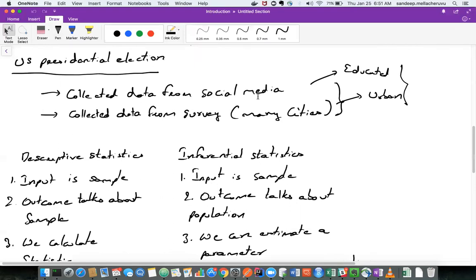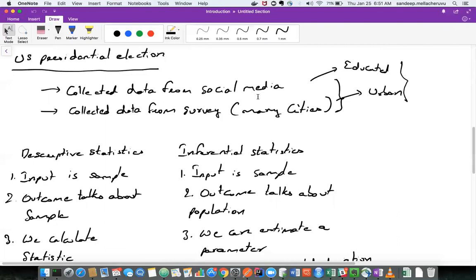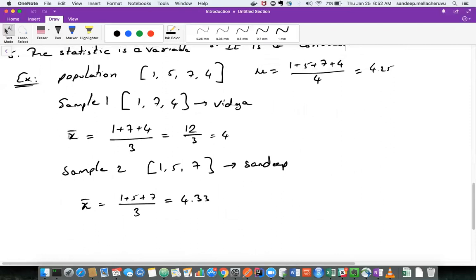Because of that, the statistic X bar, which is my average, is going to change for every sample. But the population mu, which is a parameter, never changes. It is a constant.